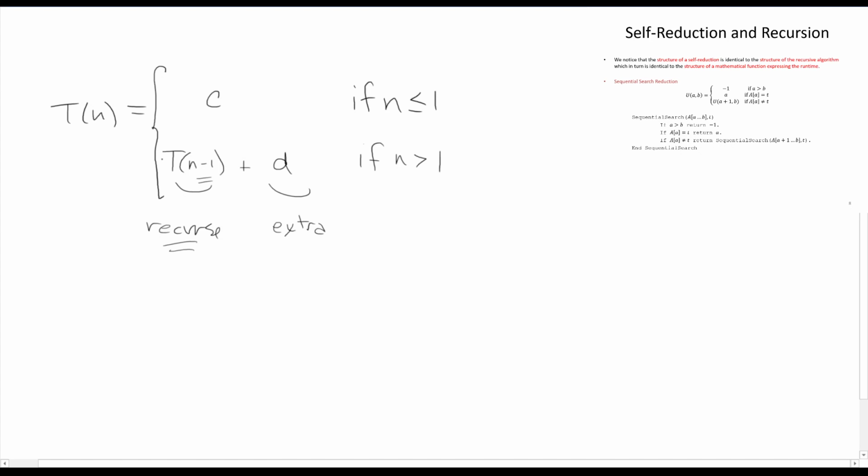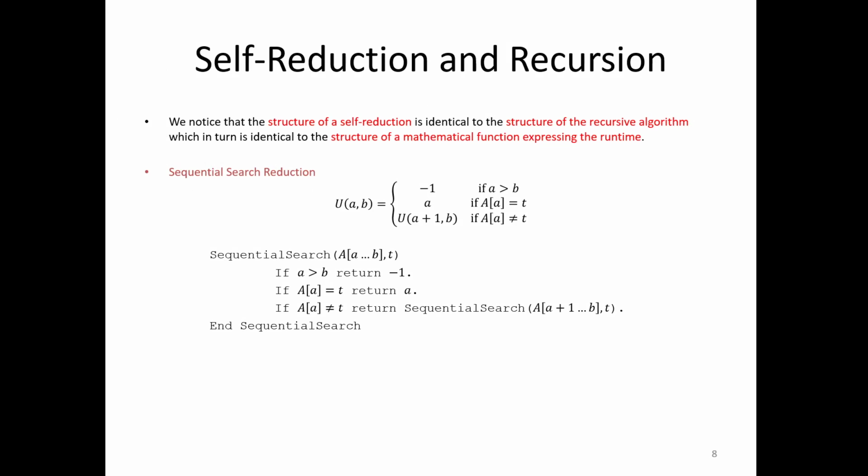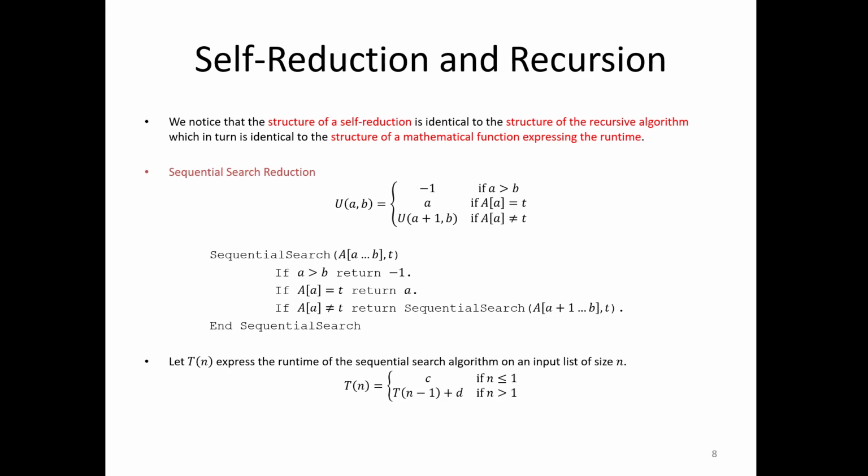There's sort of an invisible 1 out front here. We make one recursive call of size n minus 1, and then we do a constant amount of extra work. So we can call this self-reduction, or sorry, this recurrence relation here, expressing the runtime of our algorithm.